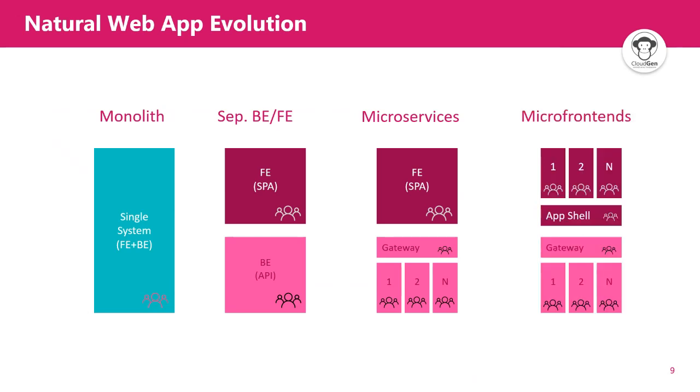And now with the introduction of microfrontends, of course, that whole thing is mirrored also on the front end. So now we have this application shell taking the role of the gateway, and that pretty much is responsible for fusing together, composing all the different front-end fragments. And I think that's a nice evolution there.